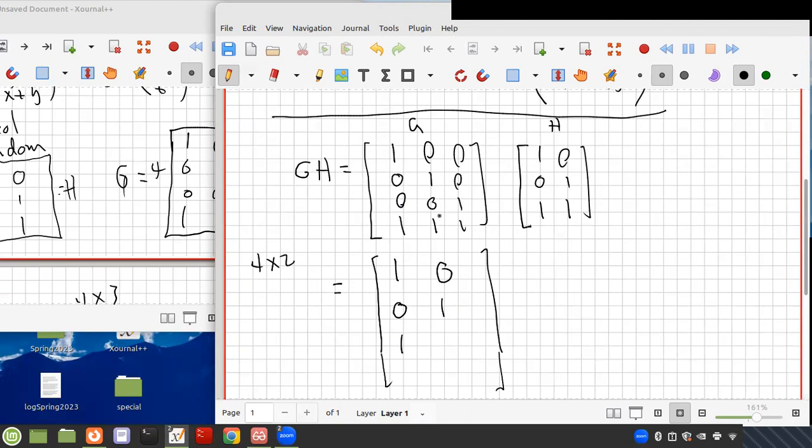But then the third row times the second column is also going to produce a 1. Then the last one has all 1s, so it's going to just produce the sum. Well, this is going to be 2. And this will also be 2. Okay, so you see that, does that matrix multiplication make sense?